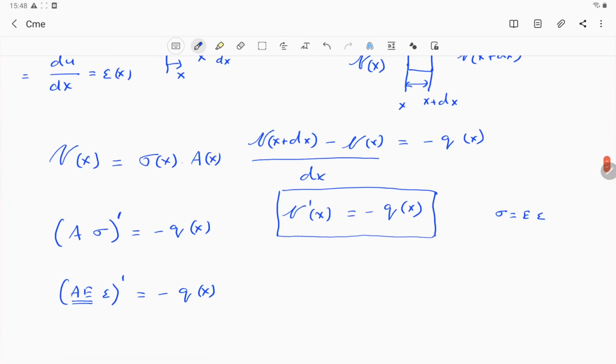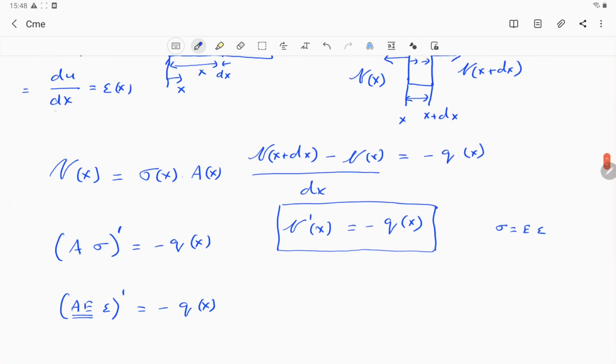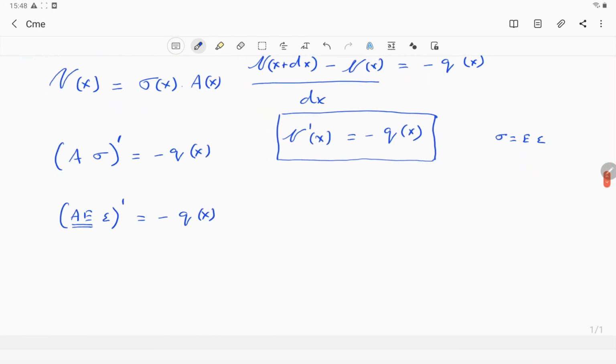And now we are going to substitute this relation in this equation. If I do that, what will I get? AE u prime the whole prime equal to minus q of x.